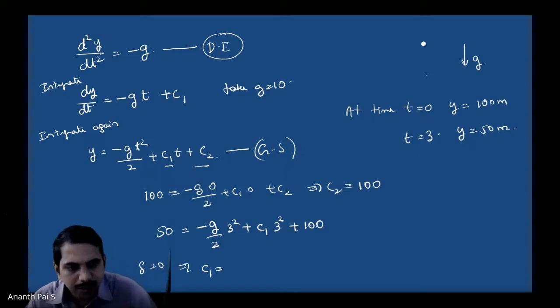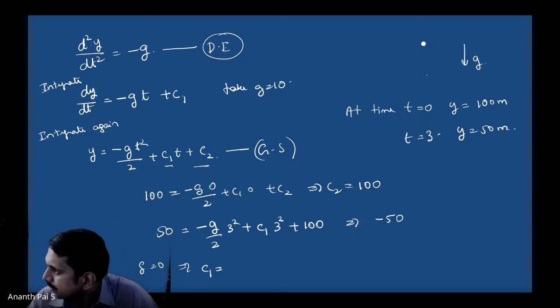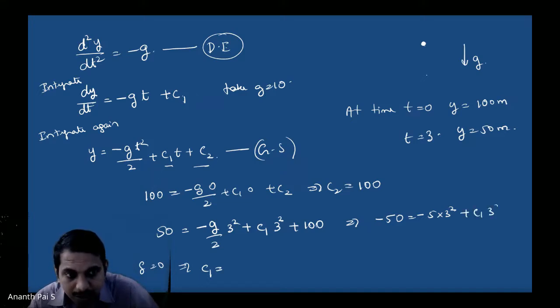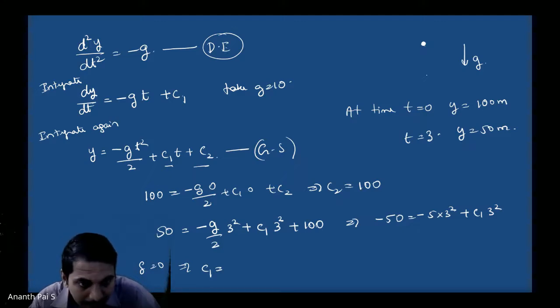Okay, I'll do it. So it is minus 50 is equal to minus 10 by 2, 5 into 3 square plus C1 into 3. So 9 you can take outside here. So you can write minus 5 into 5 into 9 is 45.